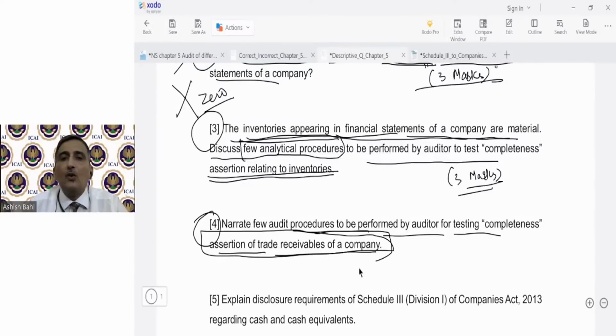So narrate few audit procedures to be performed by auditor for testing completeness assertion of trade receivables of a company. Now, how would the auditor test whether trade receivables are complete or not?